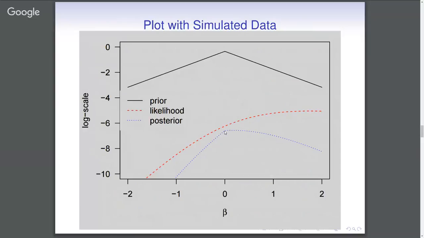Yes, there's a mode at 0, but it falls off faster in the negative direction than in the positive direction. So the posterior mean is going to be positive. The posterior median is going to be positive. But the lasso engineer doesn't know that because they don't get the whole posterior distribution. They just get the posterior mode and stop.